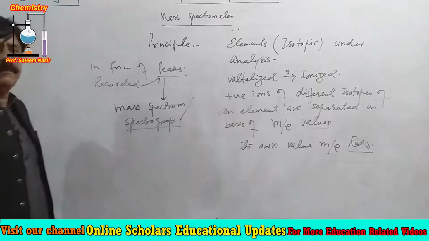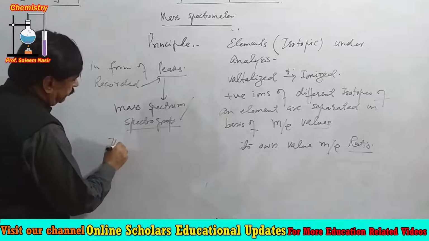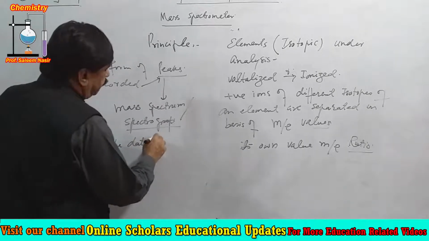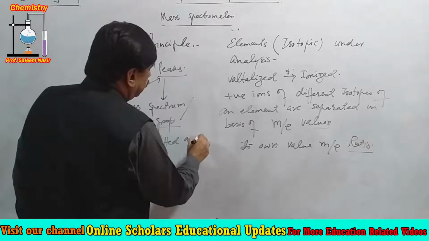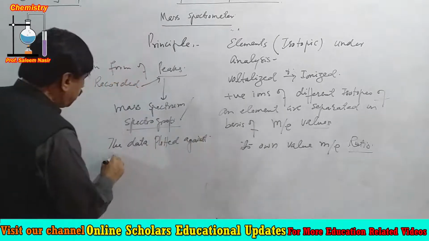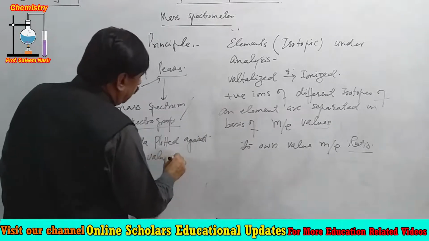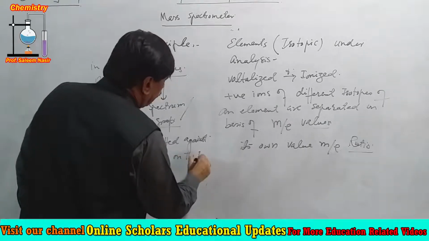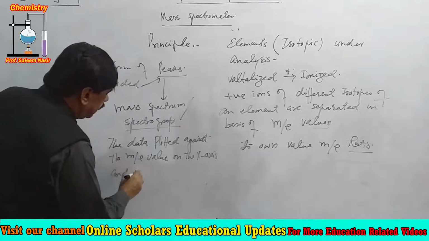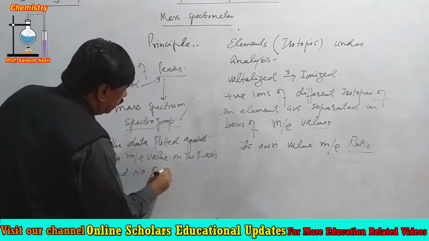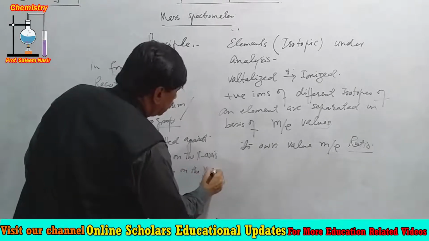A mass spectrum means the data plotted against the mass to charge value on the x-axis and number of ions on the y-axis.